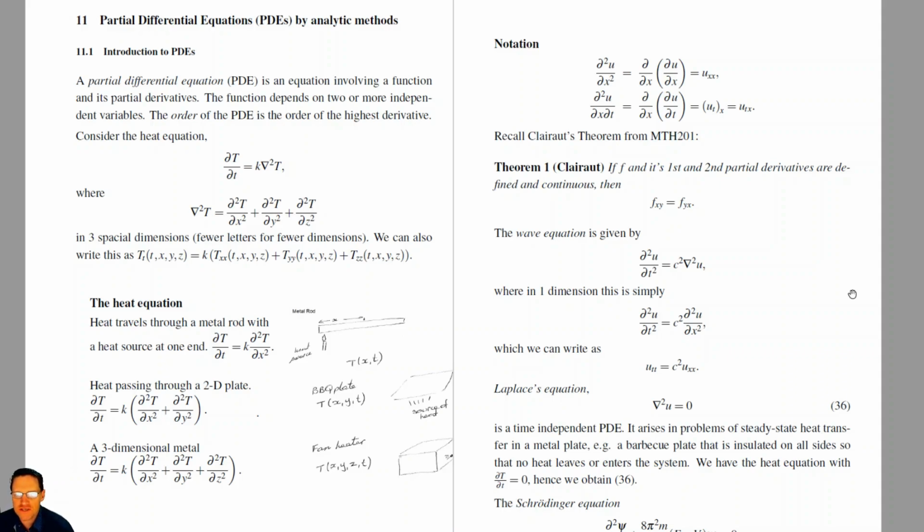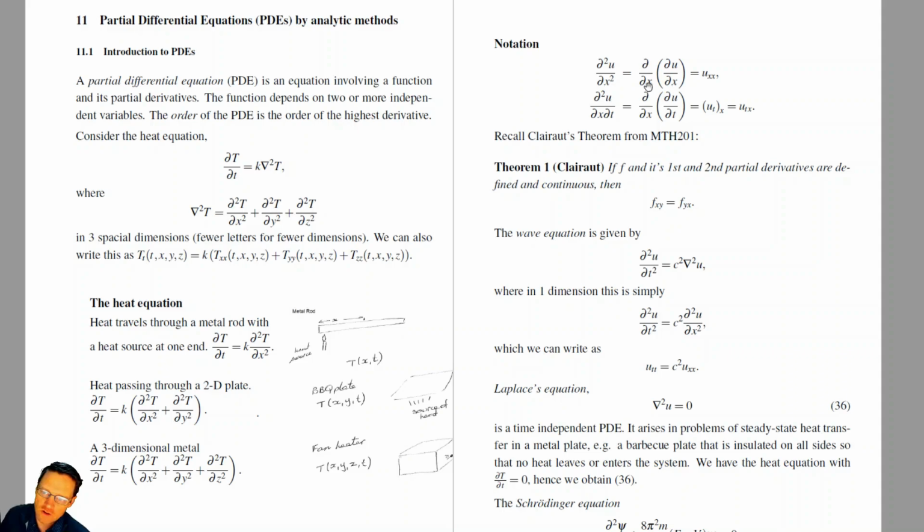Okay, but back to notation. So the second derivative of u with respect to x partially is denoted partial superscript 2 u partial x superscript 2. And that means the partial derivative of the partial derivative of u with respect to x.